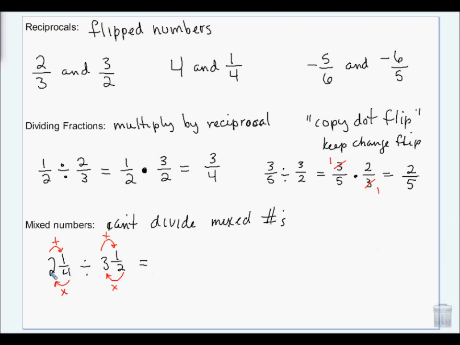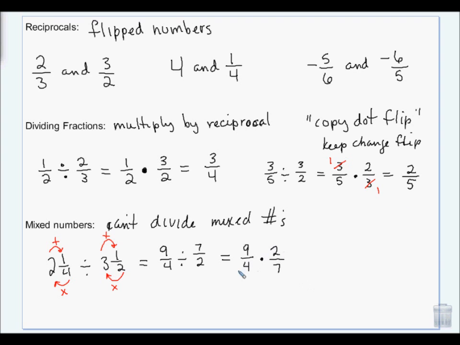So 2 1/4, that's 8 plus 1, so 9/4 divided by 6 plus 1, so 7/2. And then once I've converted them to improper fractions, then I can change it to multiplication. So I'm multiplying by the reciprocal, or copy dot flip, or keep change flip, however you want to remember it, whatever works for you.